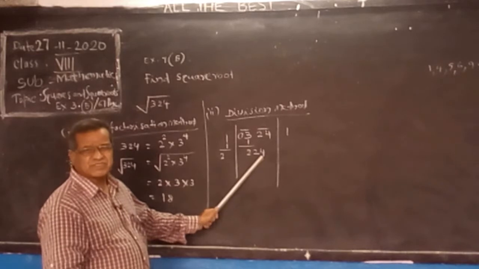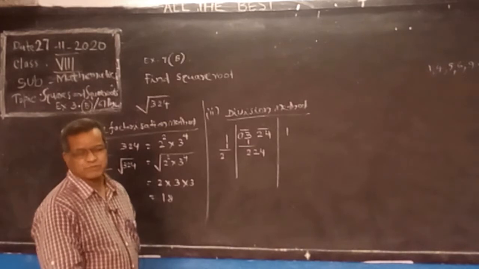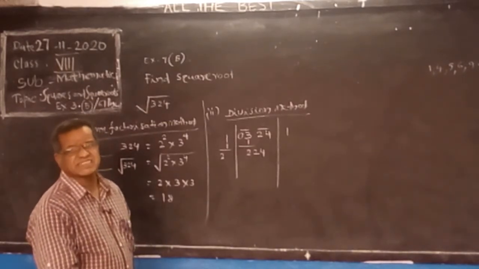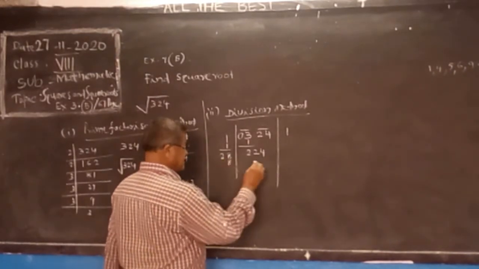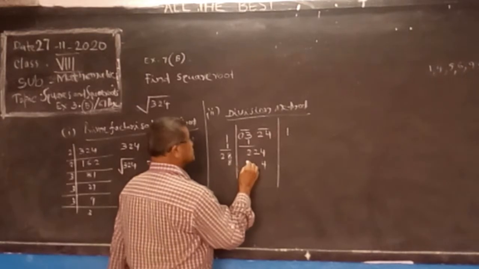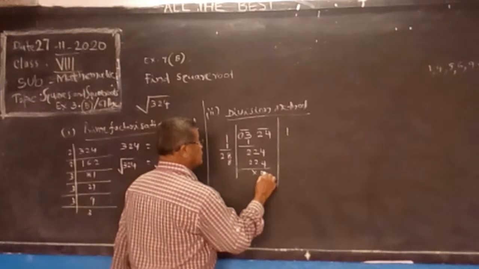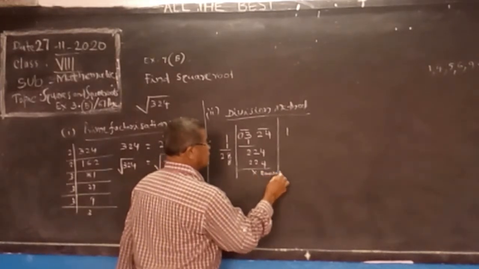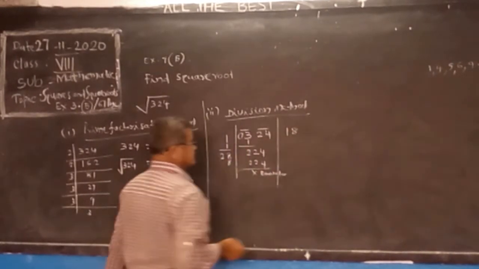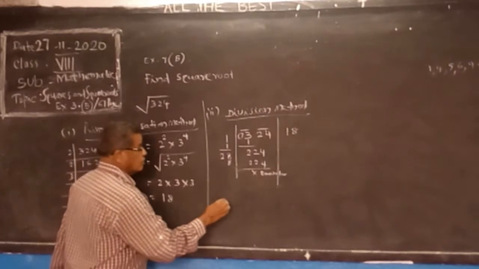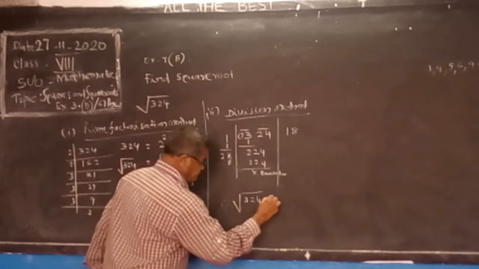It is possible with 2 2s are 4, but it becomes a small number. The next possible number is 8. 8 8s are 64. So definitely it is divisible by 8. 8 8s are 64. So remainder is 0. For a perfect square, remainder is always 0. First pair will give 1, second pair 8. Therefore, the square root of 324 is 18.